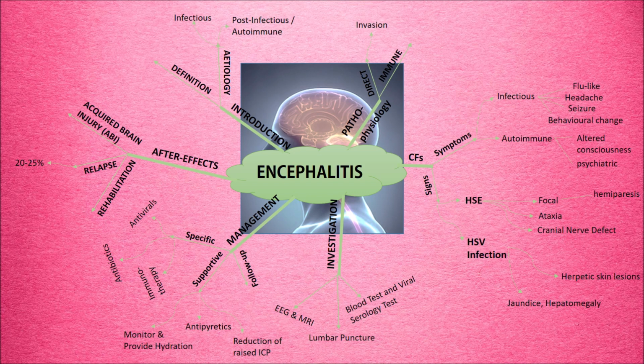And it's very important to refer the encephalitis patient to various professionals such as occupational therapists, speech therapists, psychiatrists, or physiotherapists. And specifically for autoimmune encephalitis, the relapse rate is usually around 20 to 25% of cases. And whenever there is a relapse of autoimmune encephalitis, this may signify the presence of a tumor or inadequate treatment.